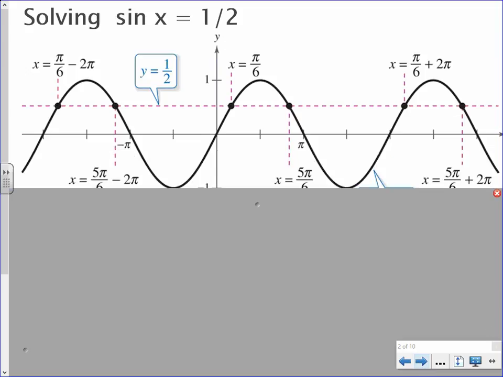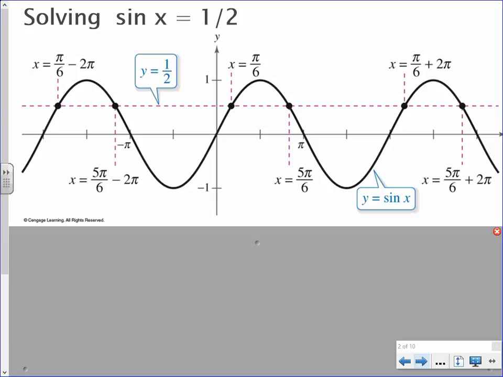Okay, if we think about it graphically, don't draw the graph. But if we think about it graphically, here are the two that you guys pointed out to me, pi over 6 and 5 pi over 6. But then it's going to happen over and over and over again because the sine function is periodic. It repeats over and over.